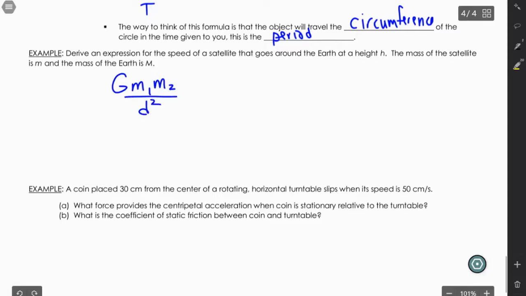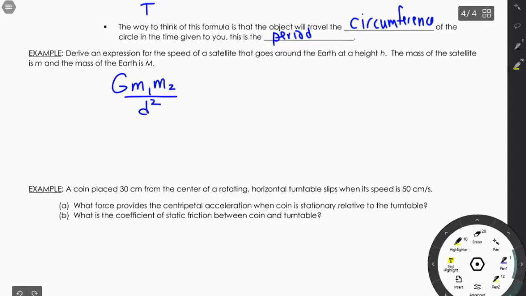In fact, let's call this R and not D. What is causing this gravitational force at this point in time? Well, it's just the circular motion. So we're going to solve this for v. The m's cancel. This m2 will be the mass of the planet, and the m1 will be the mass of the satellite. And so we end up with v squared over r equals G m2.